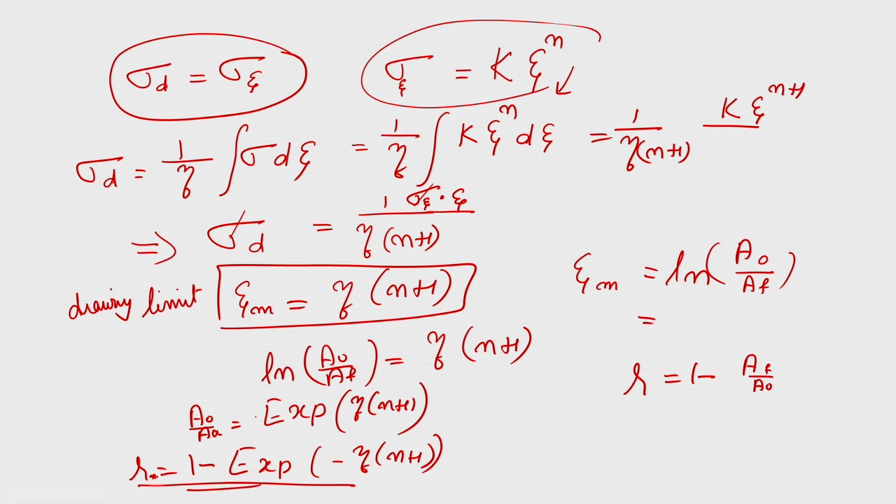That is R max, the limit, equal to 1 minus exponential of minus eta into n plus 1.